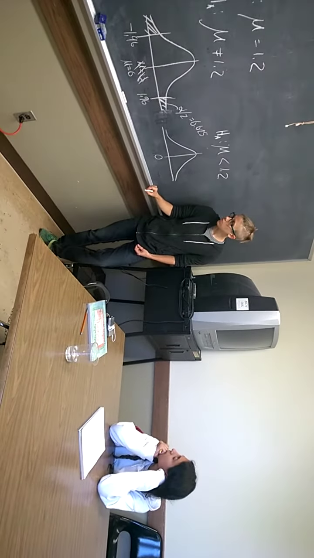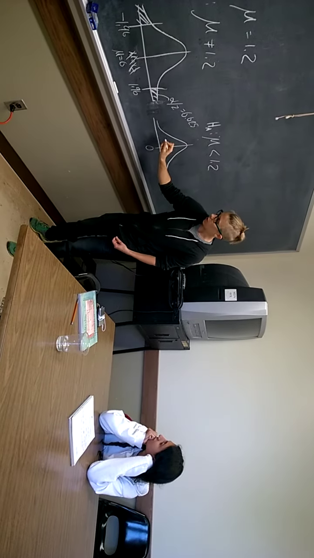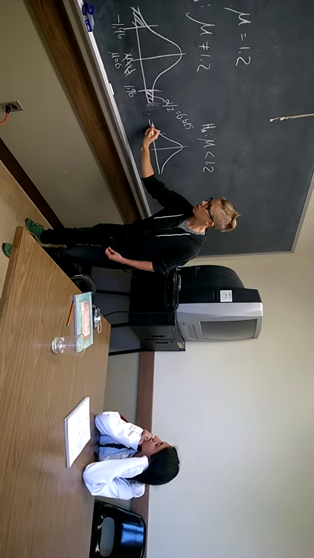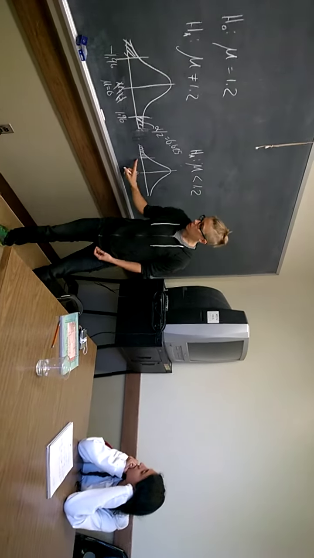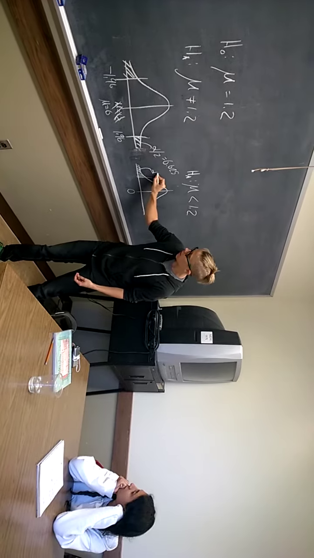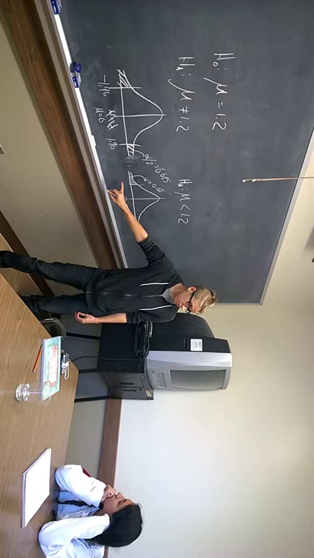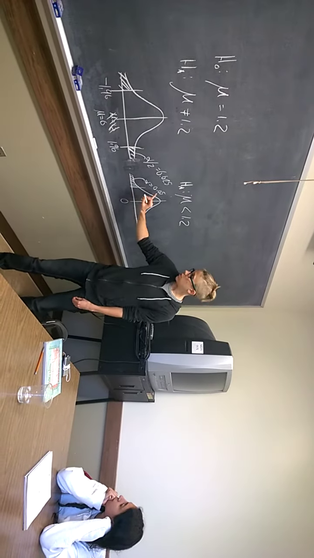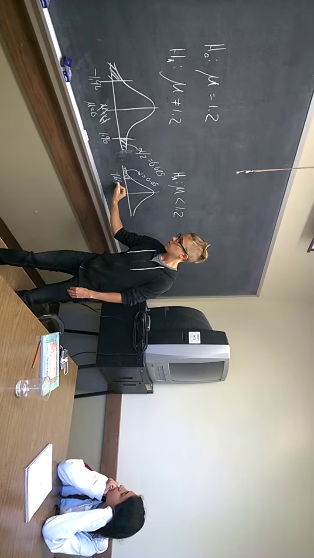If it's much, much less, so we'd look over here, beyond the critical value, where values are much, much less. So the critical value here would be the value that cuts off alpha equals 0.05 in this one tail, right? So this value is going to be negative 1.65, about.